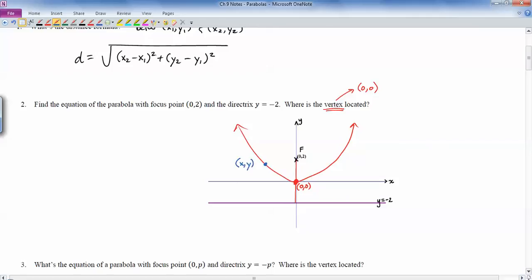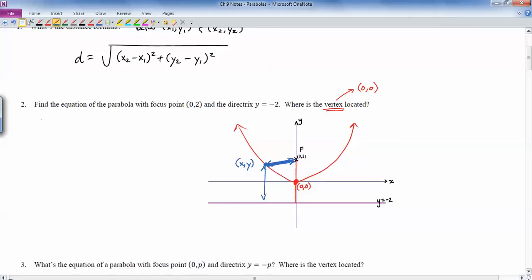Then we figure out how to express this distance, and we know that distance is supposed to be the same as this distance here. Let's figure out this one going sideways first.